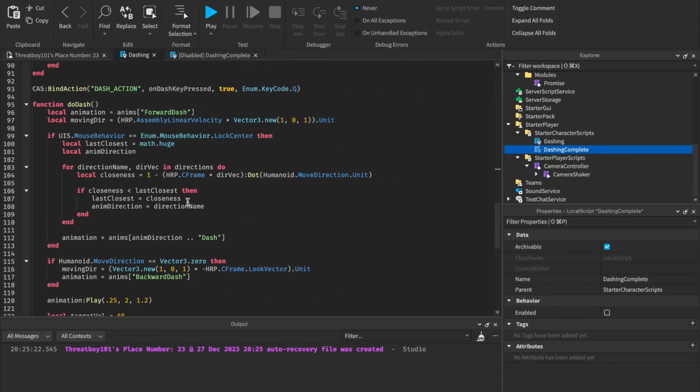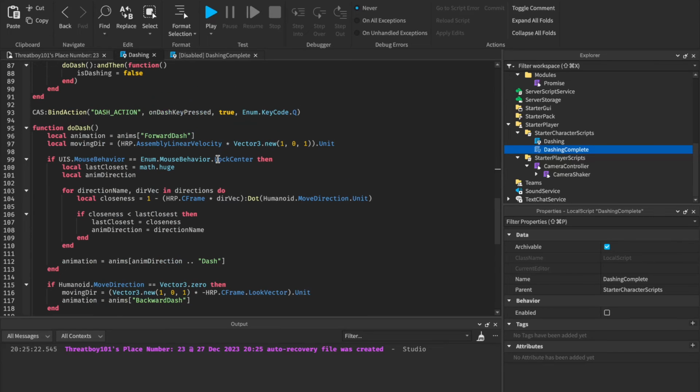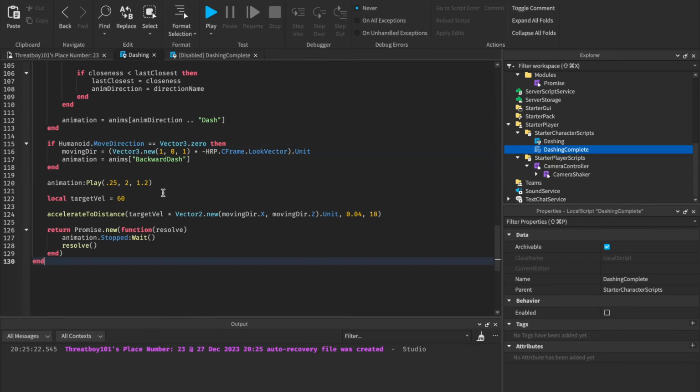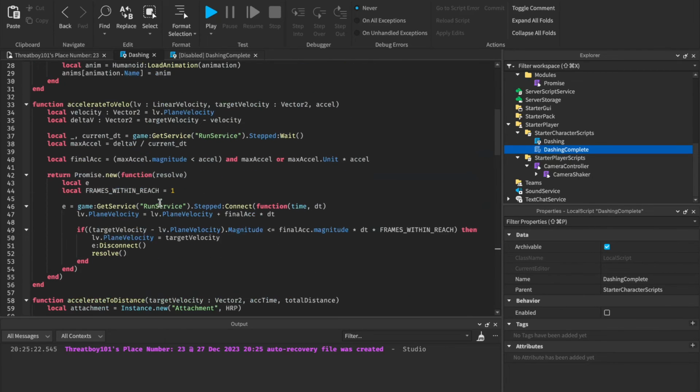And I also went ahead and replaced some linear velocity here with humanoid move direction instead, because it's more accurate for this use case. And that was all.